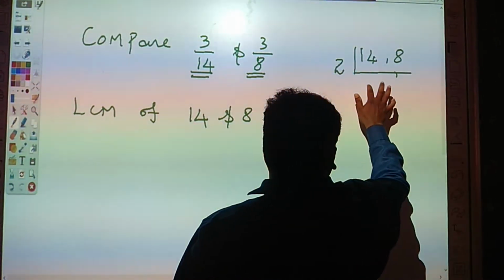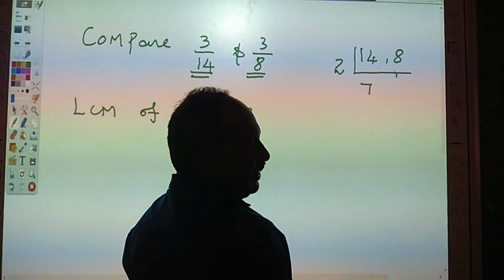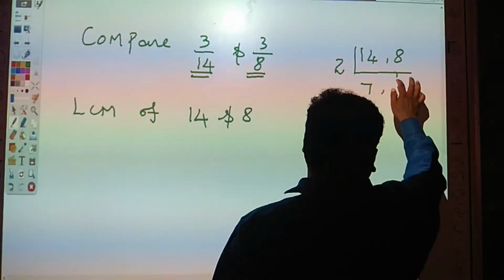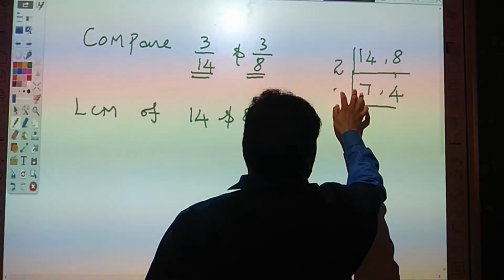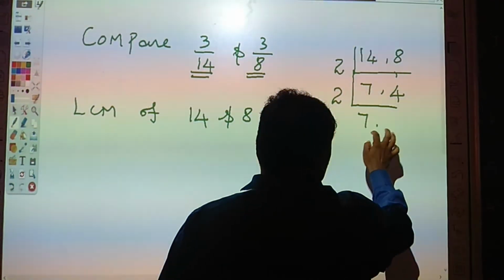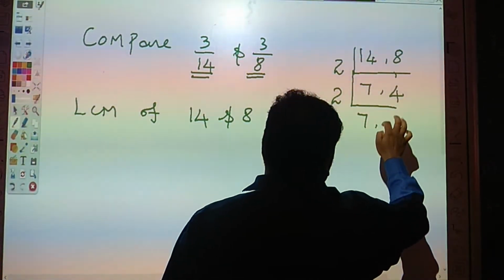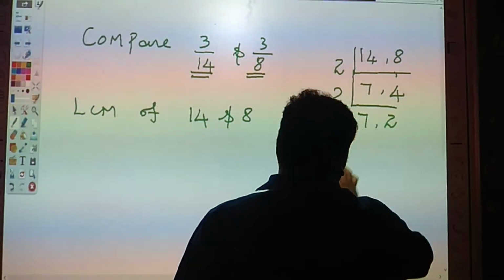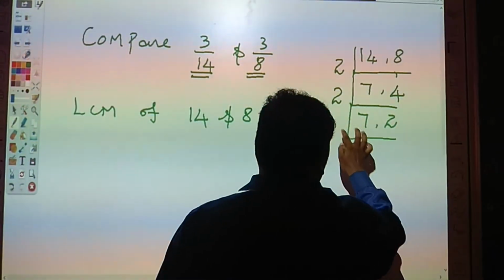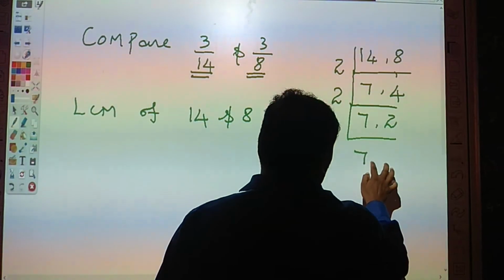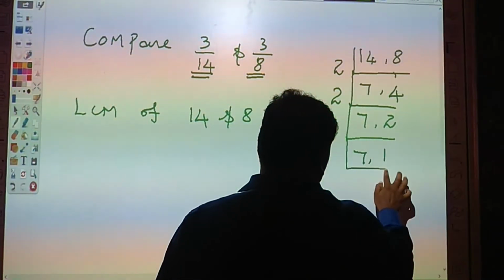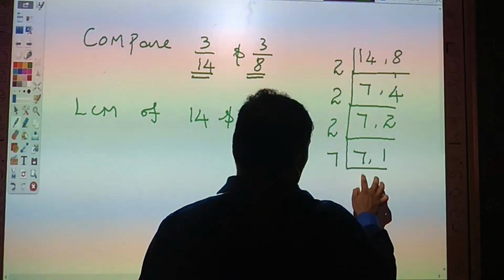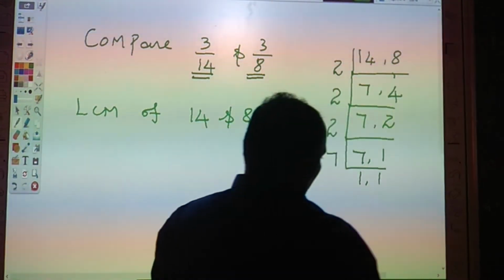Second table: 7 2s are 14, 4 2s are 8. Again second table: 7 is not divisible by 2. 2 2s are 4. Again second table: 1 2 is 2. Next, 7th table: 1 7 is 7. Here 1.